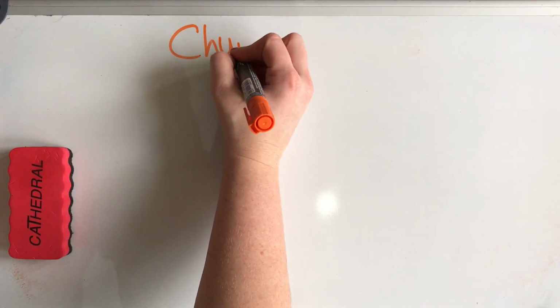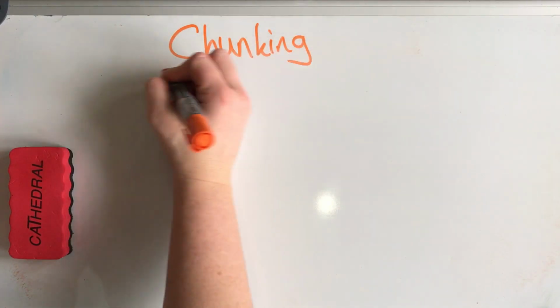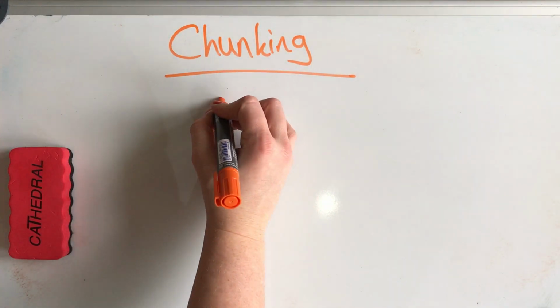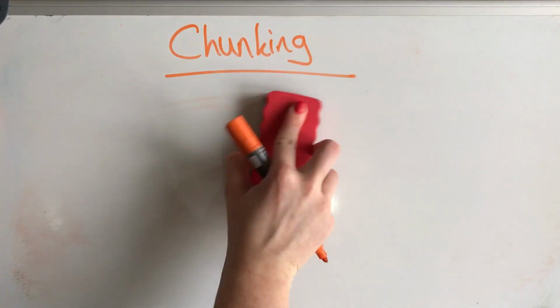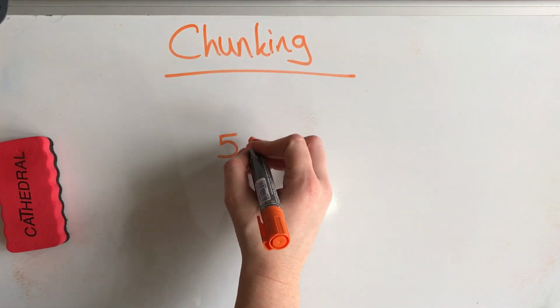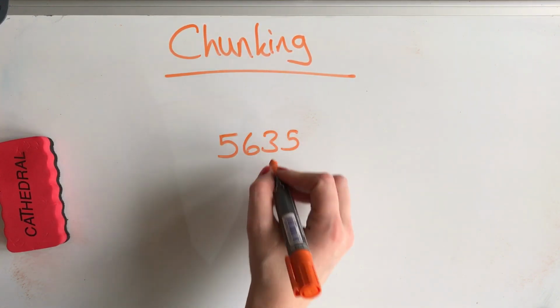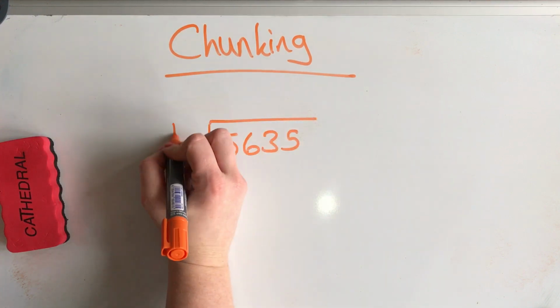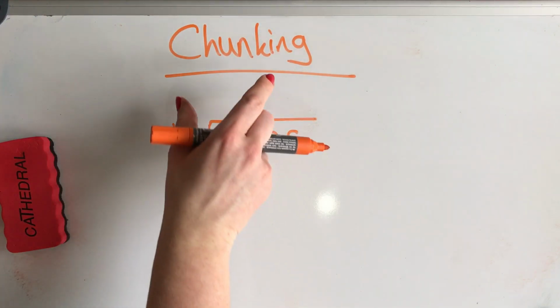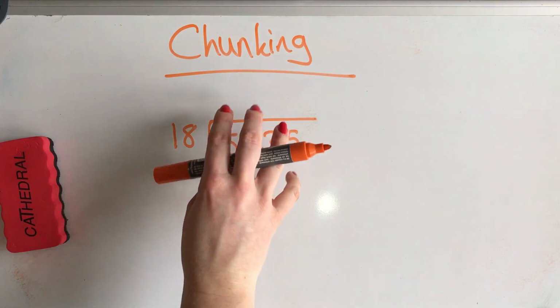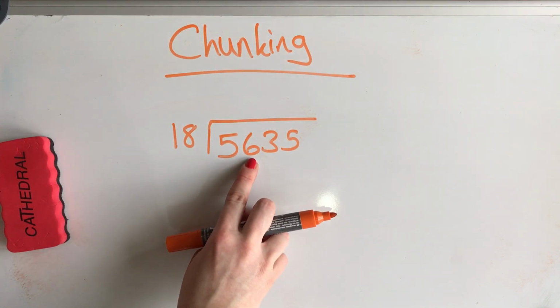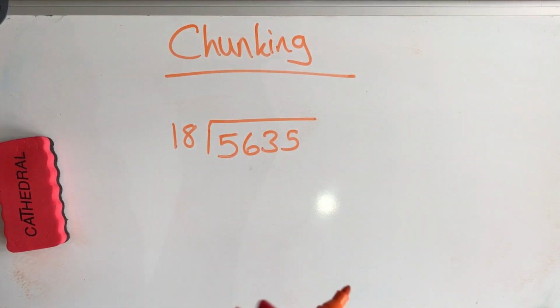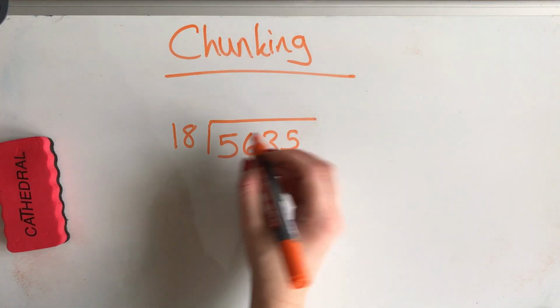Now, my second method for division is I can do chunking. So let's say I've got 5,635 divided by 18. What chunking is, you're trying to take groups of 18 out of this to make it a smaller value, so you can just keep taking chunks until you can't take any more out.